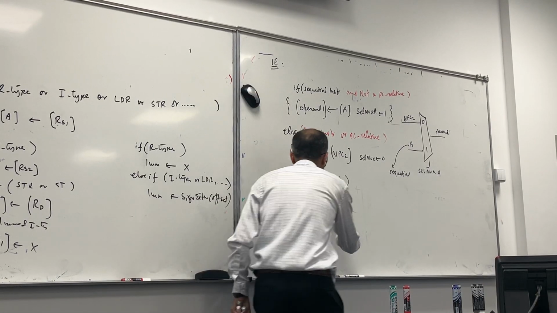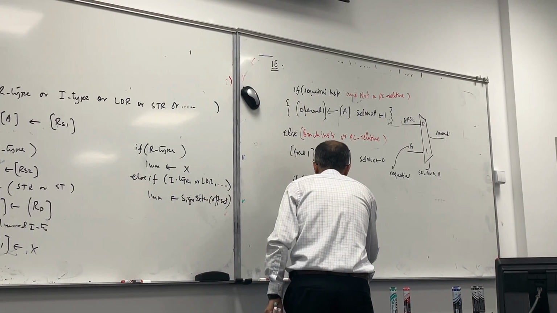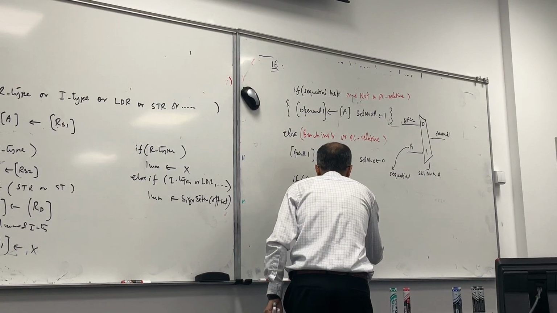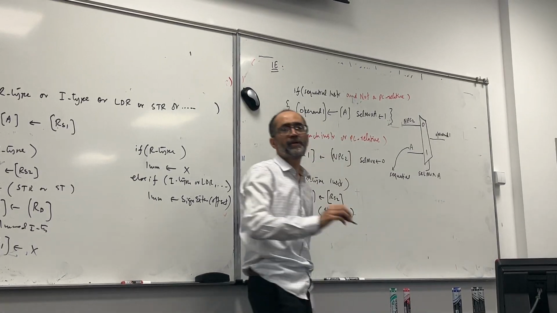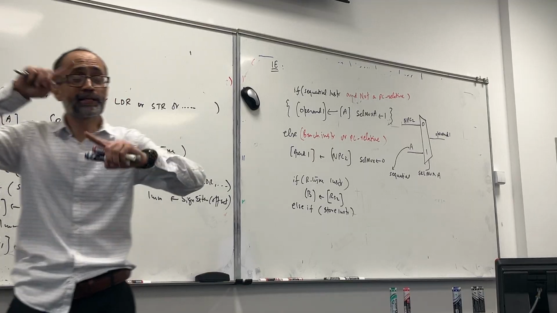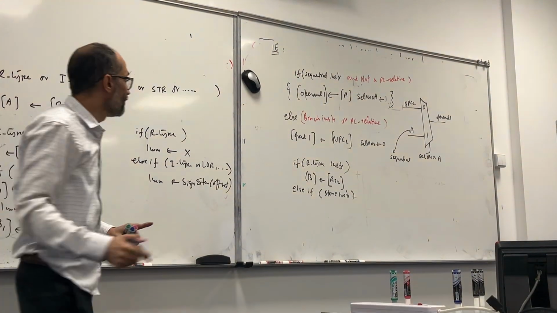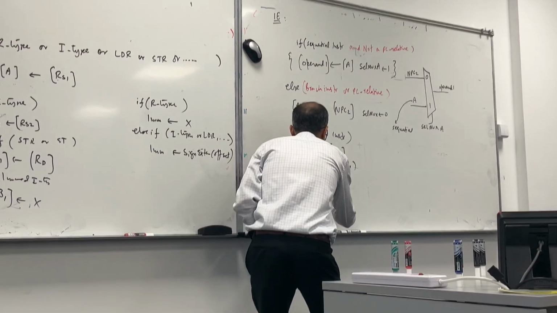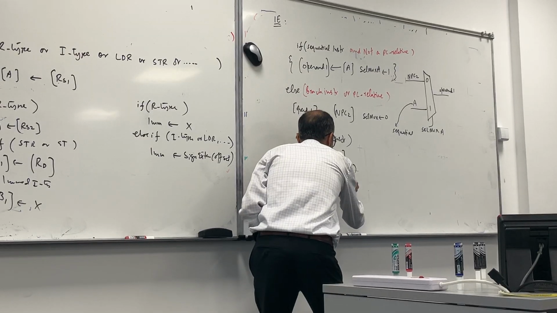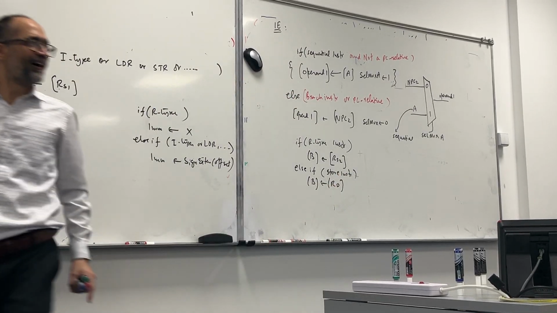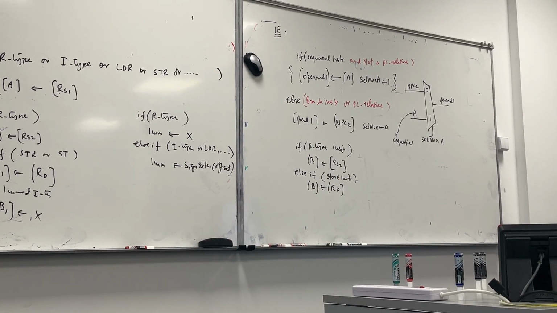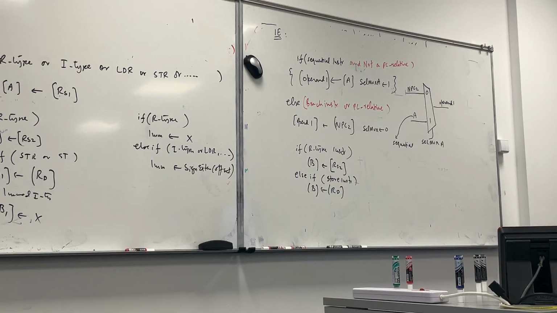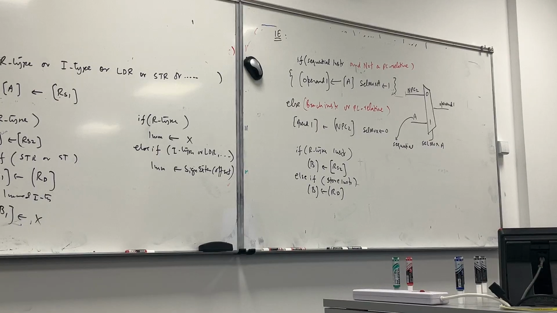Else, if it's a store instruction, store instruction means LD, ST, STR and so on. What will it be? Very good. RD. Because we are storing the data, it will go to B1 and B2. The same thing Yusuf you asked for, because for store instruction we will use B1 and B2.